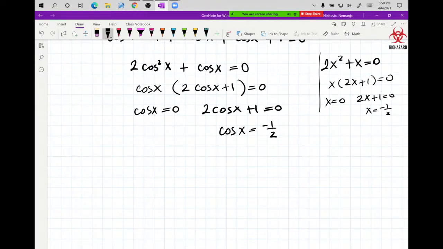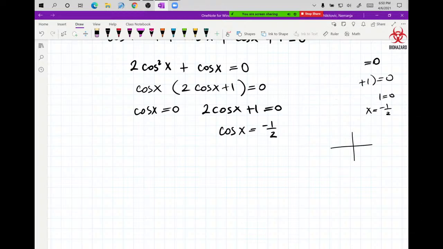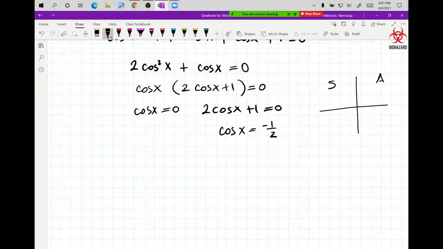So cosine equal negative half, when you have your, well, we don't need this stuff. I'm just going to get rid of this so it's not confusing. If you're not paying attention, you look it over and it's like, what is that? All students take calculus.